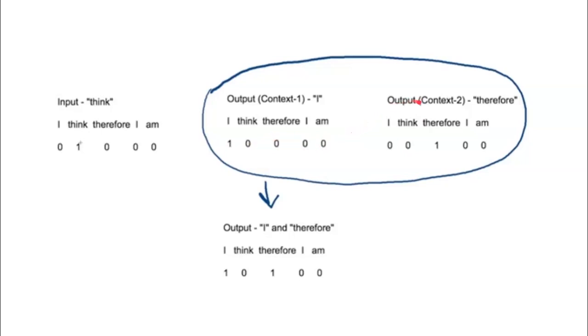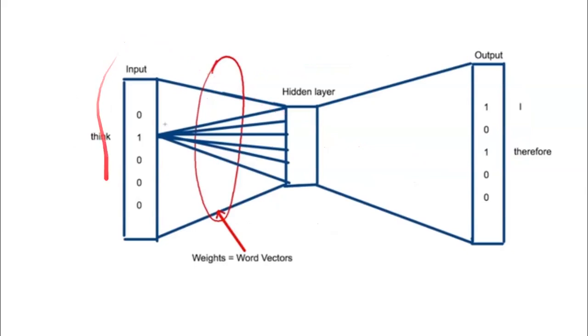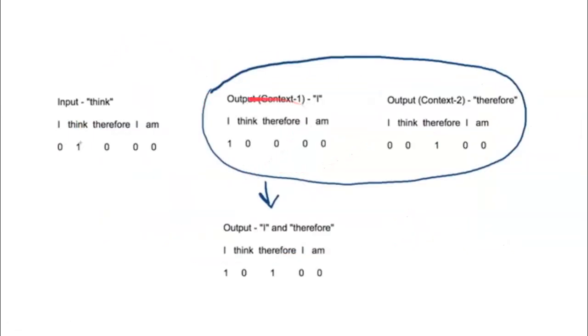In the other case, the right following word, the output would look like 0 0 1 0 0. My final output of this neural network would be a combination of these two different cases.